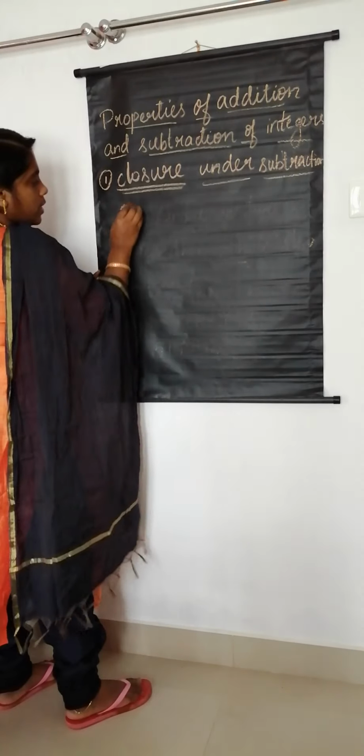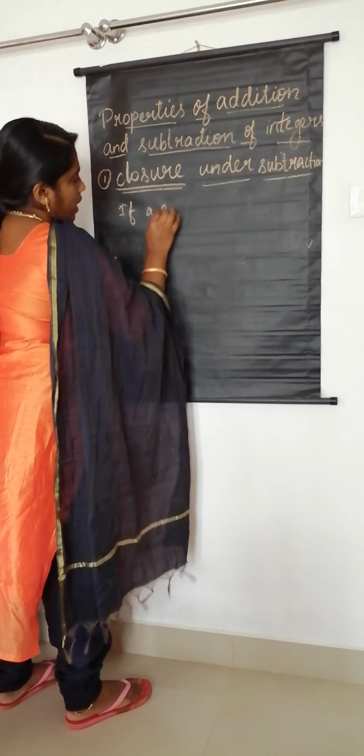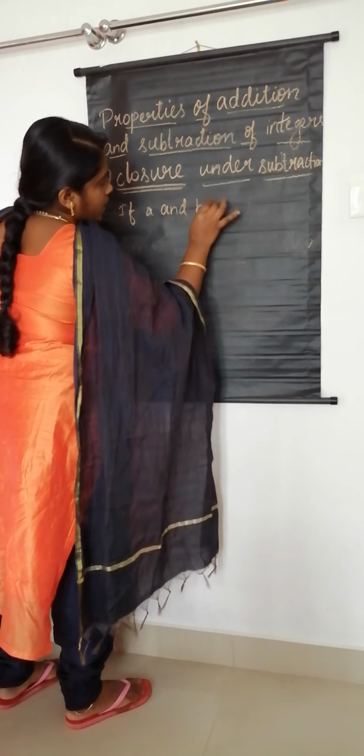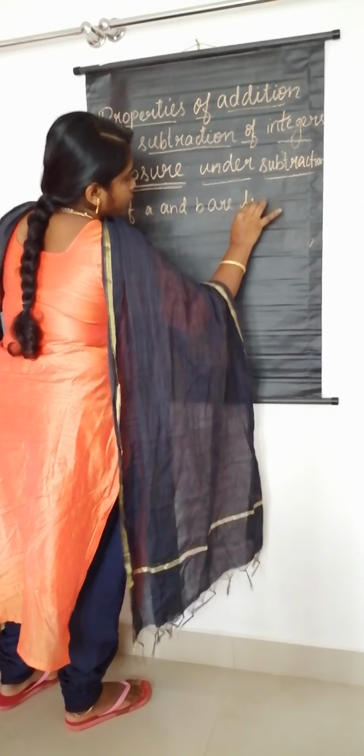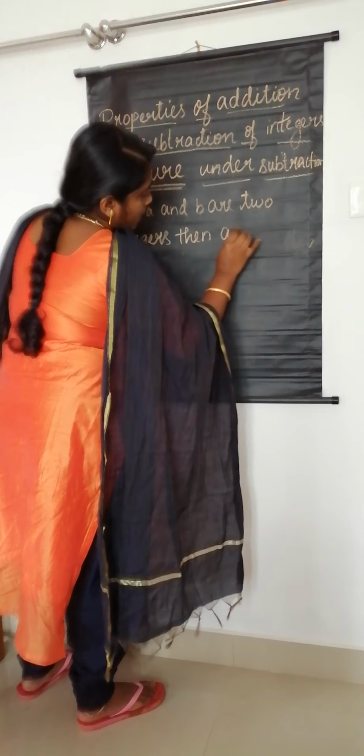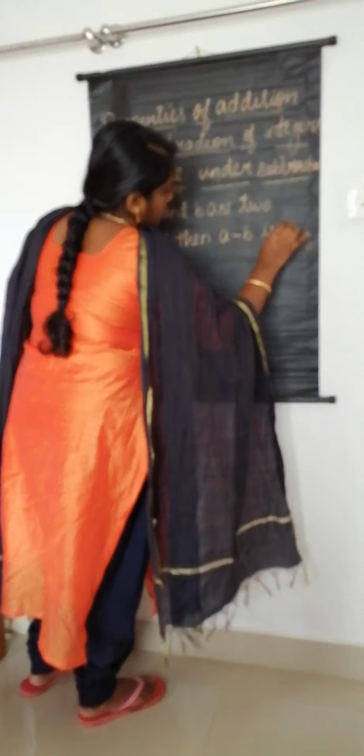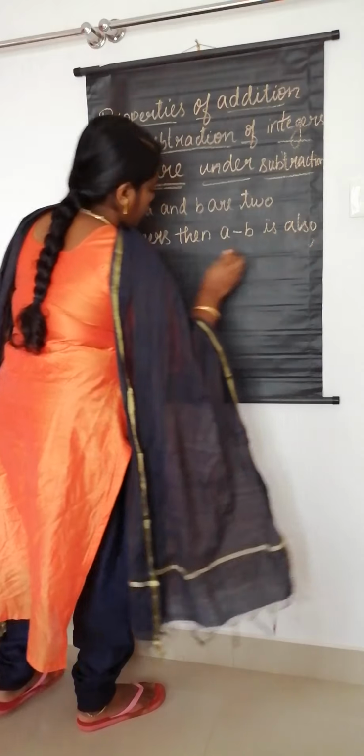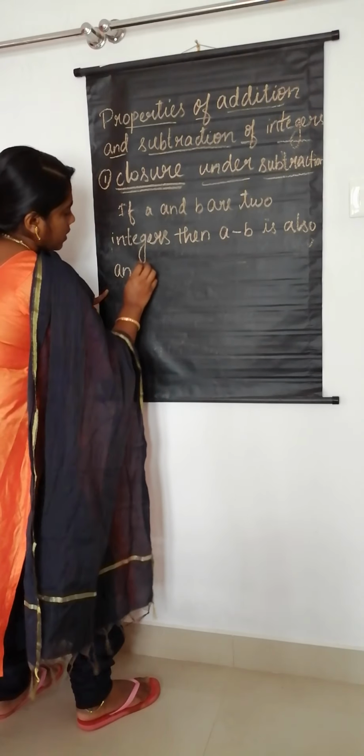If A and B are two integers, then A minus B is also an integer.